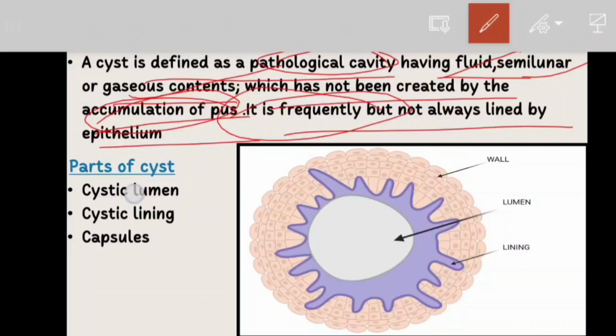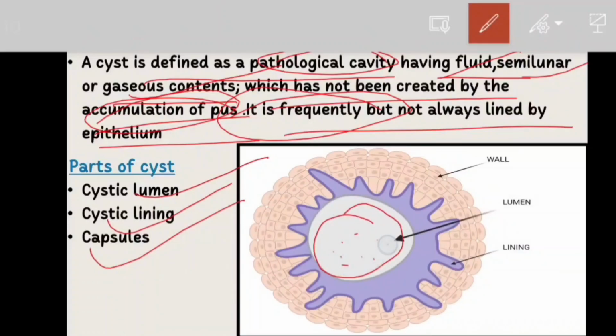Now we see the parts of a cyst. A cyst has three important parts, that is the cystic lumen, the cystic lining, and the third one is capsule. The cystic lumen is the central cavity of a cyst. This is where the cystic content is present, like fluid, semifluid or the gaseous content. Now, the cystic lining is the lining which is present around the lumen.